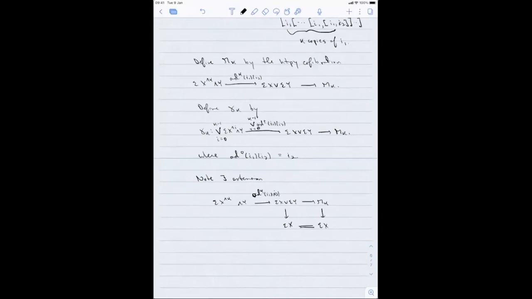You can take fibers now and apply theorem A.